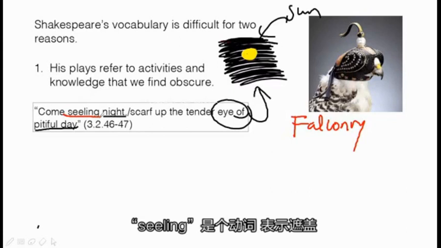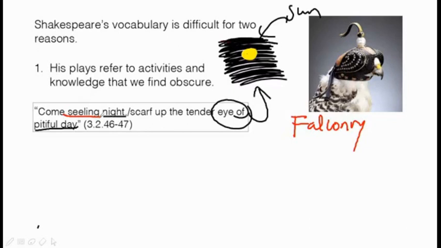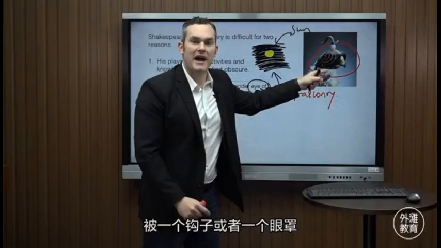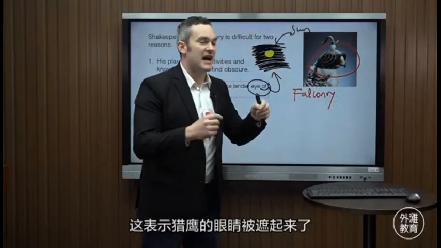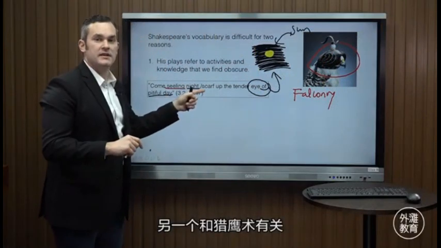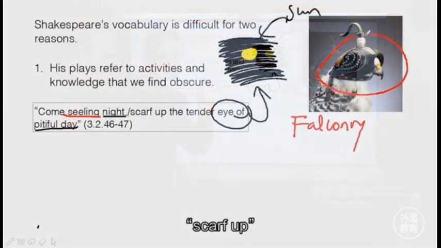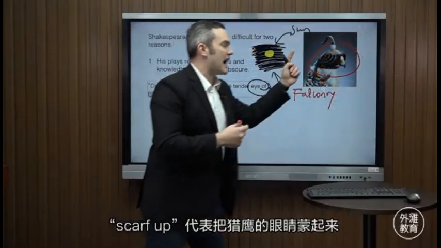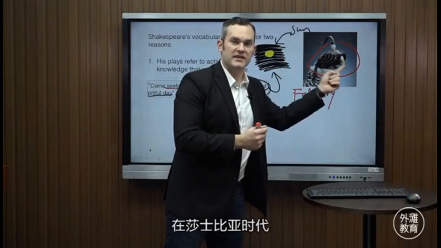Sealing is a verb that means to cover a falcon's eyes with a mask, right? This falcon's eyes have been covered by a hood or by a mask. It means the falcon's eyes have been sealed, S-E-E-L. Another term for this that comes from falconry is scarf up. To scarf up means to cover the eyes of a falcon in Shakespeare's day.